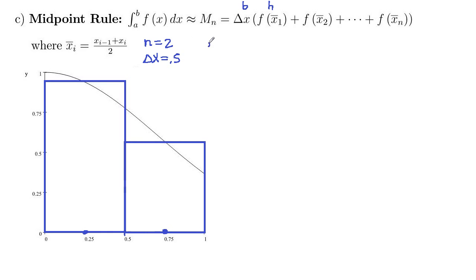So then we can estimate the integral from 0 to 1, e to the negative x squared. We can have that 0.5 on the outside. That's my delta x. And then my first height of this rectangle, well, it looks like it might be about 0.95.